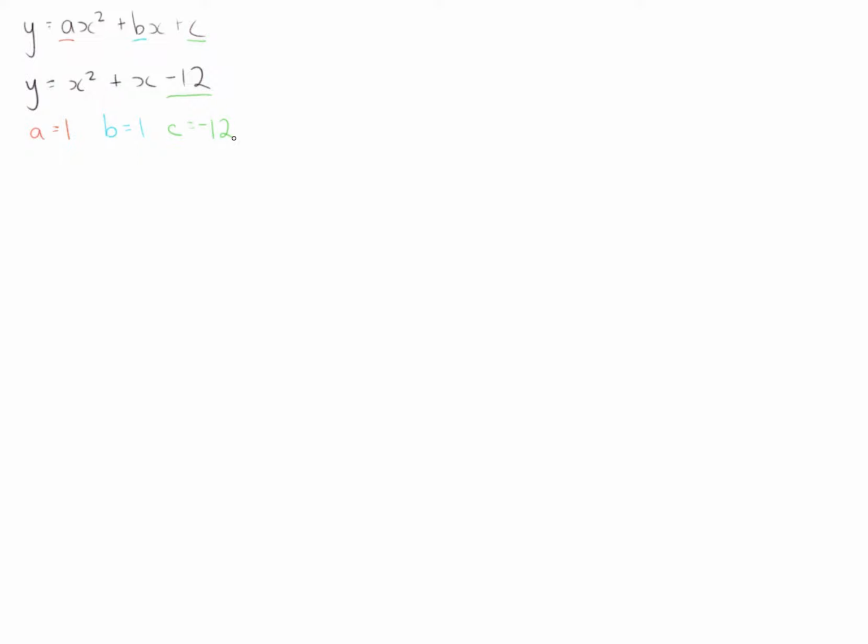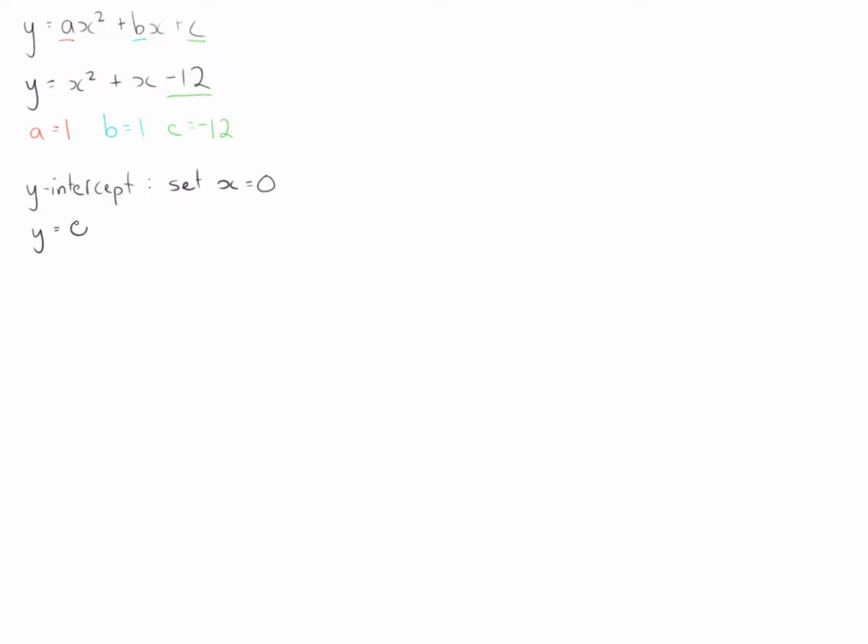Alright, let's start off by finding the y-intercept. If you recall from our work on straight lines, if we want to find the y-intercept, we need to set x equal to 0. Remember, anywhere along the y-axis, the x-coordinate will always be 0. So, in our equation, y equals x squared plus x minus 12, let's make x equal to 0.